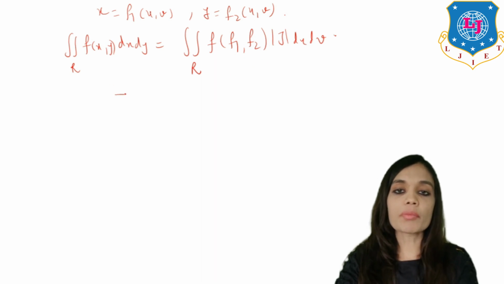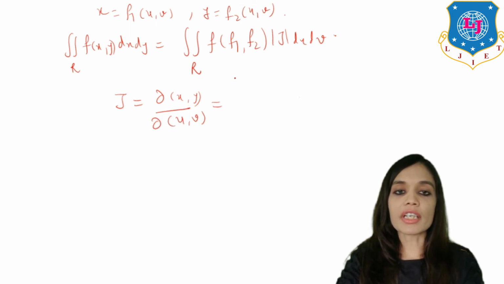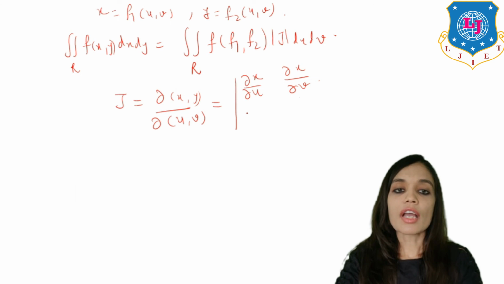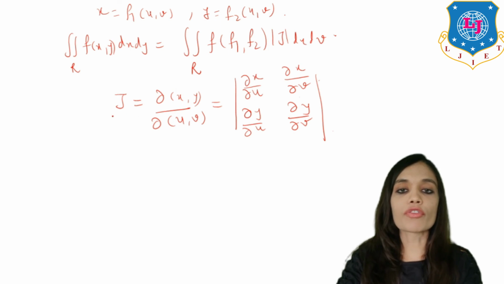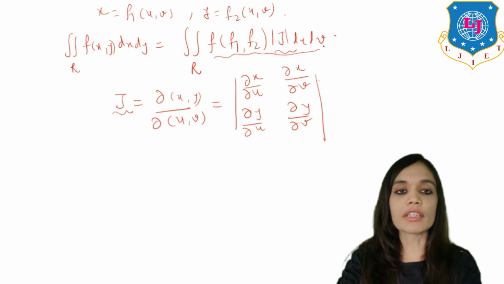And your J will be given by del(x, y) upon del(u, v), which can be written as the determinant of del x by del u, del x by del v, and del y by del u and del y by del v. So firstly you have to find J, then write mod J and then simplify the new integral.